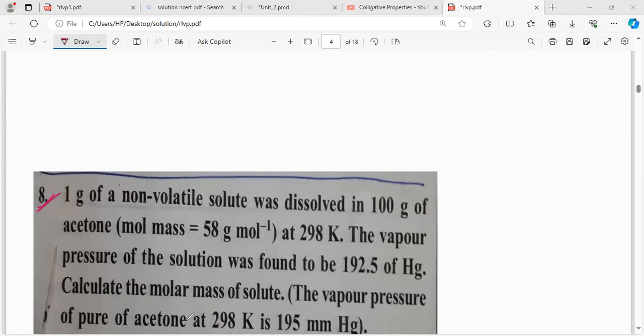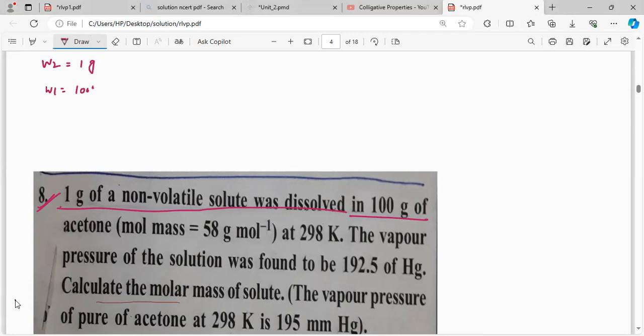You read the question. They are asking to calculate molar mass only. Molar mass of solute, okay. Solute means number 2, M2, we have to find. I am writing here 1 gram non-volatile solute, so that is W2. 1 gram in 100 gram of acetone, so W1 is 100 gram.